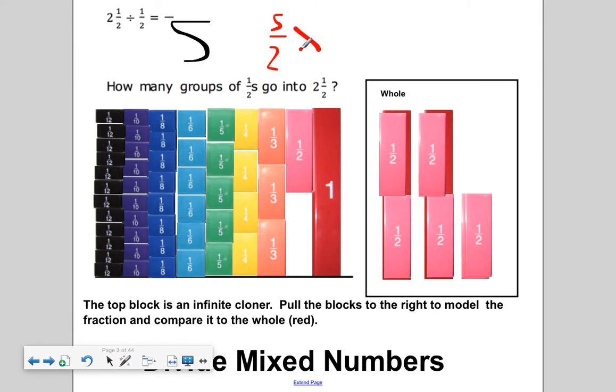You multiply by its reciprocal. What is the reciprocal of 1/2? 2/1. So if you multiply this, you get 10 halves. And how many 2's go into 10? 5. Oh, same answer. So in other words, I rewrote this division expression into an equivalent multiplication expression, and I got the answer.